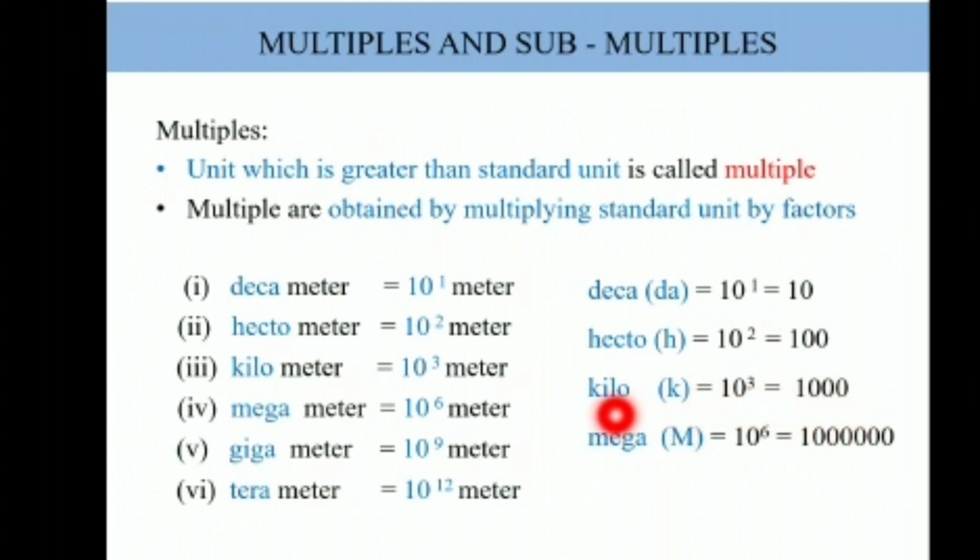You would have heard that distance on the road is measured in kilometers. So kilo is nothing but a prefix with meter, that is 10 to the power 3 meter. So 1000 meters is 1 kilometer, and 100 meters is 1 hectometer. Multiples are used to measure bigger distances.